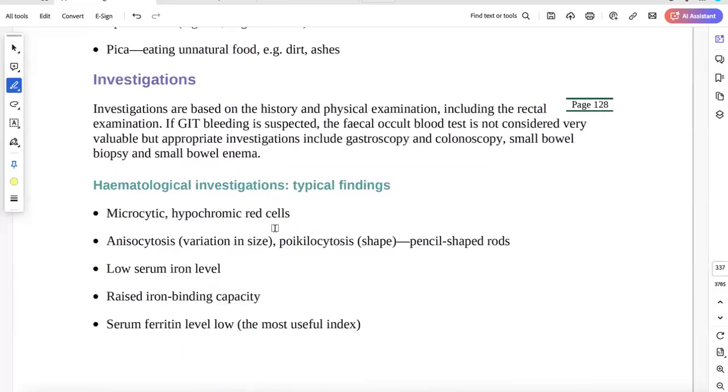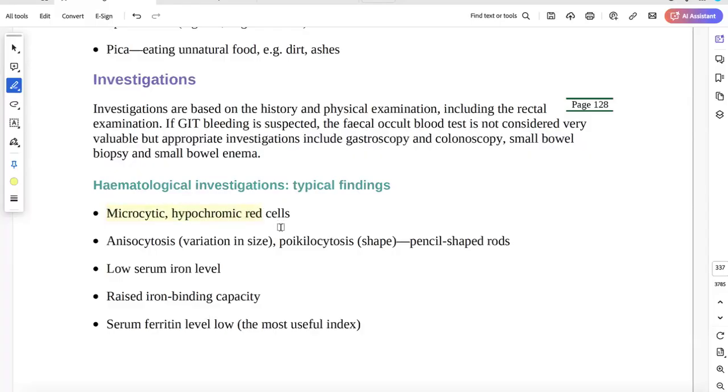Let's say you have a patient who is feeling tired and fatigued, and you've done a blood test and the full blood count shows the hemoglobin is low. Your next step is to find out whether it is microcytic, macrocytic, or normocytic anemia. So you check the MCV, MCH, and MCHC, and you find microcytic hypochromic anemia.